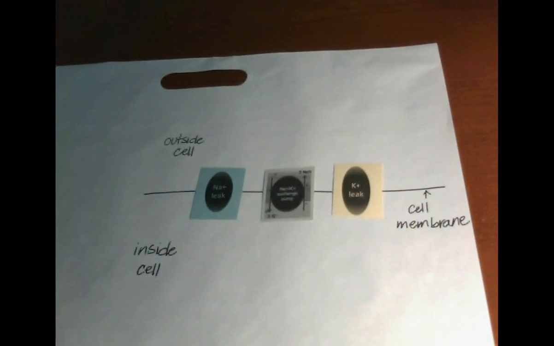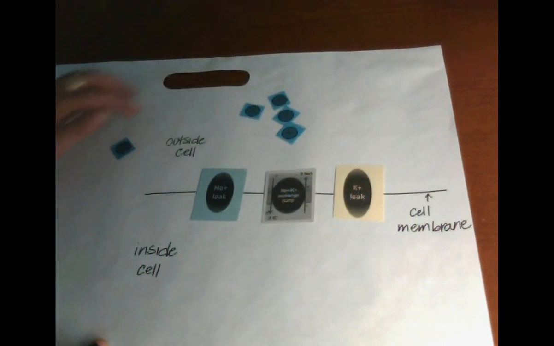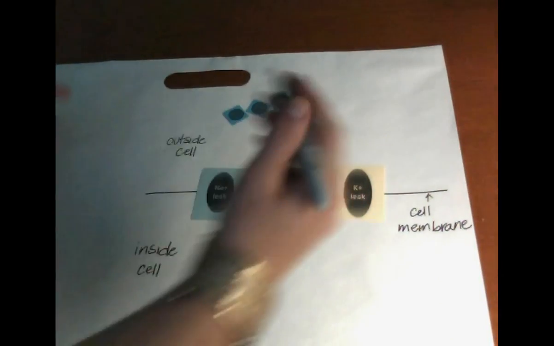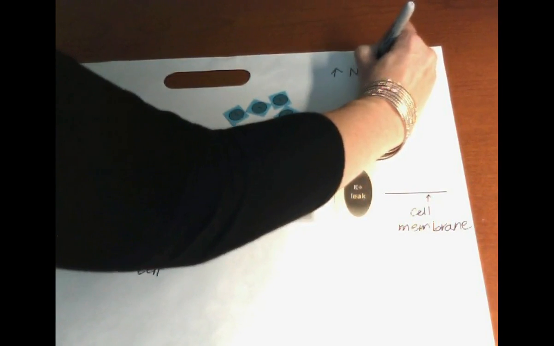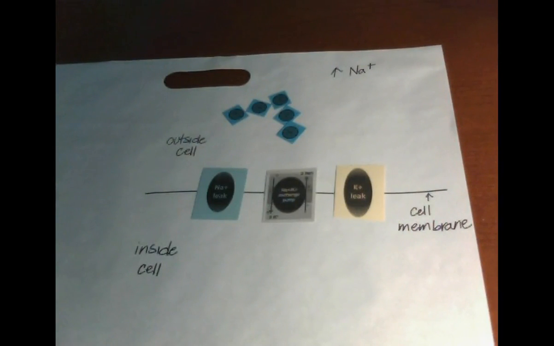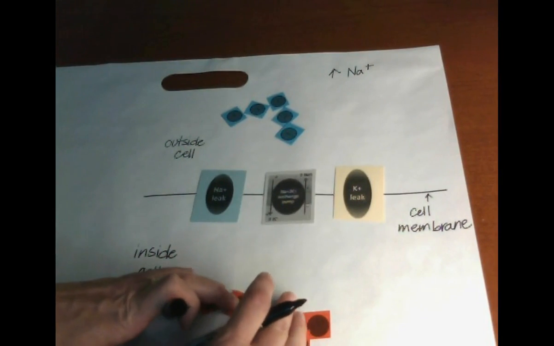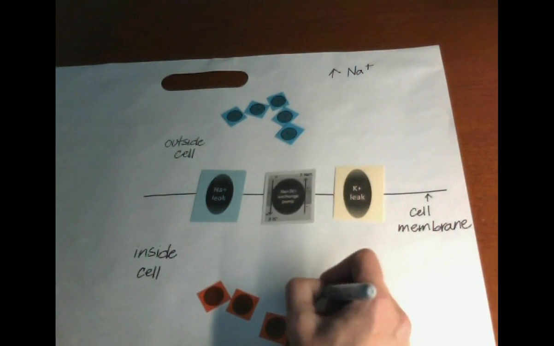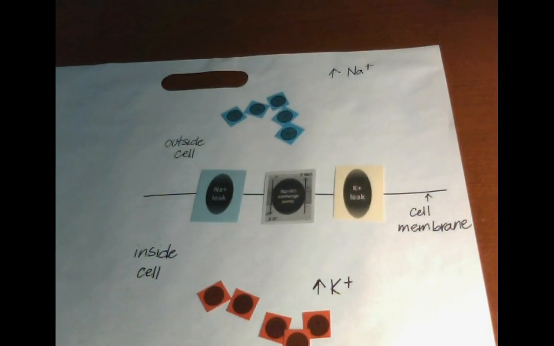Then I want to make sure that we start off with everything on the correct side. So first we're going to put all of our sodium on the outside of the cell, so we have high levels of sodium outside to begin with. Then we're going to put potassium, most of it, on the inside, because we start with high levels of potassium inside of the cell.